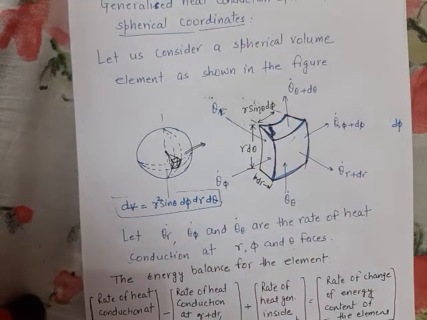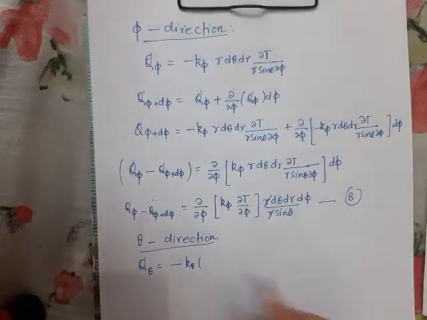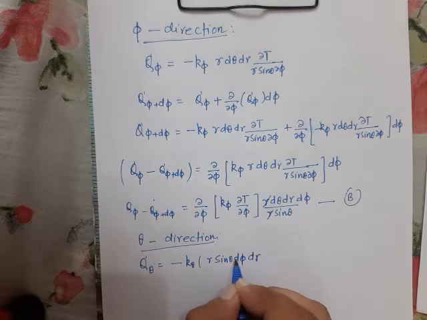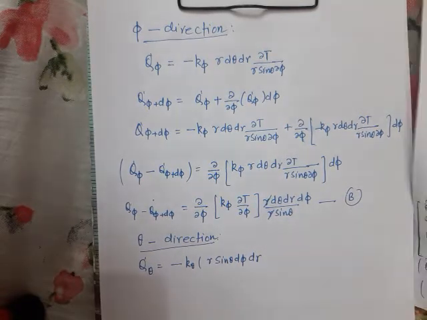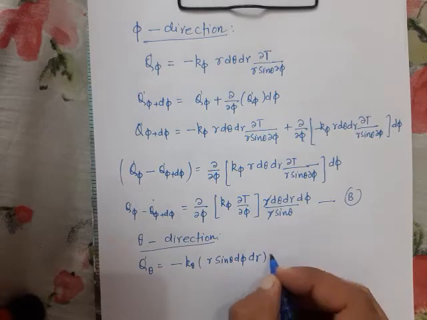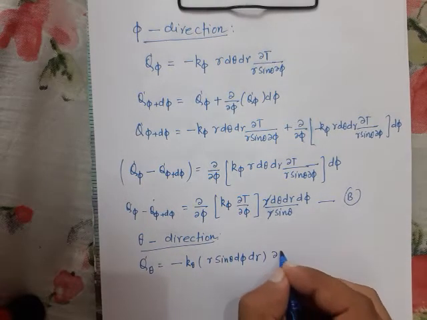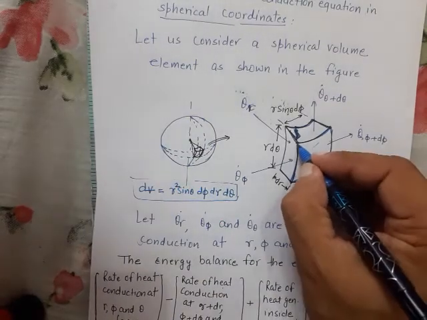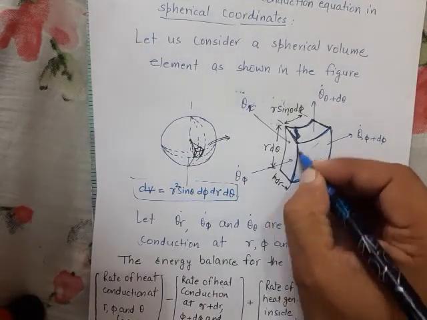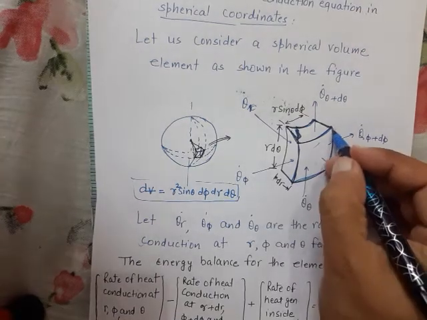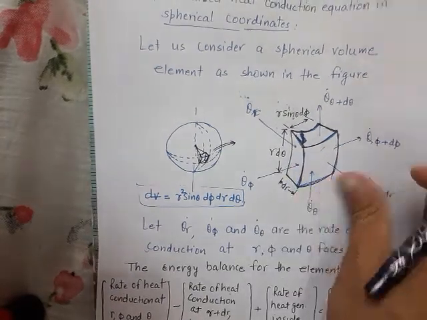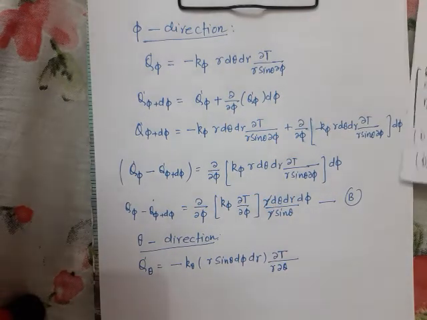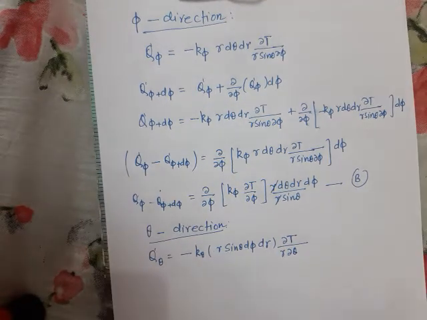So area will be r sin theta d phi dr, multiplied by del t upon the length in theta direction, which is r d theta. So del upon r del theta. Is it clear to everyone?